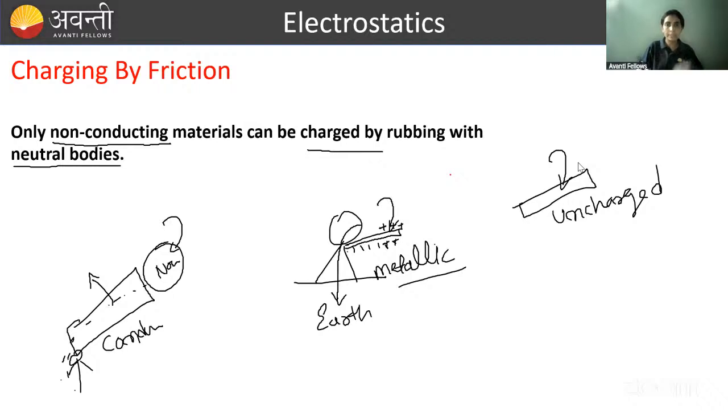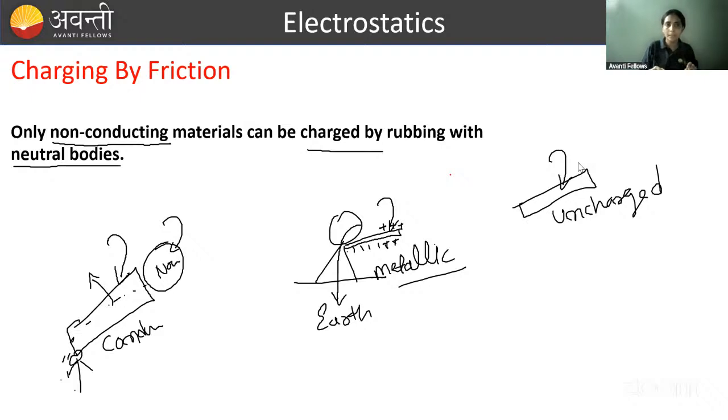Okay, you are saying conducting with non-conducting, fine. And what did I say? Non-conducting materials can only be charged, conducting cannot be charged. That was my thing, right? So even if you are rubbing, your point is correct. If you are rubbing conducting with non-conducting, whatever charge will develop on the conducting, that will not be able to retain charge, that through your body will get transferred to earth.